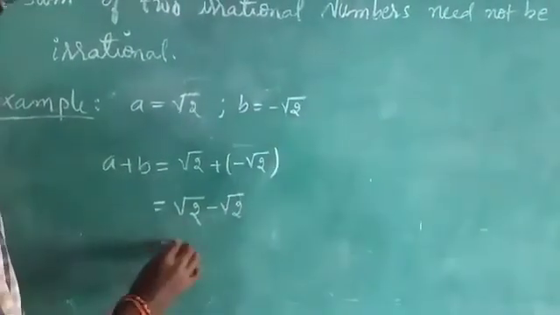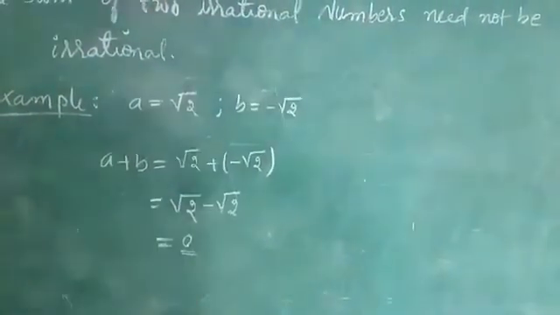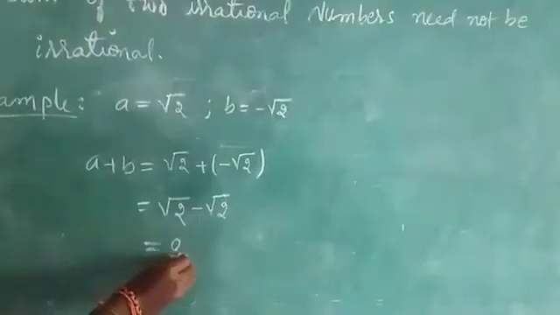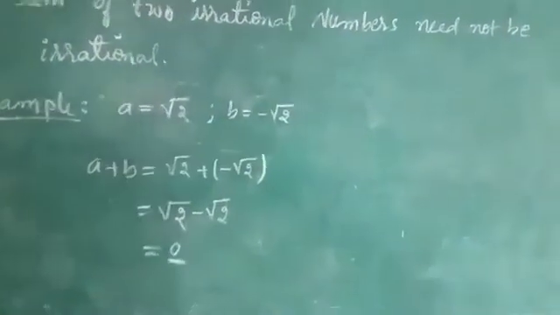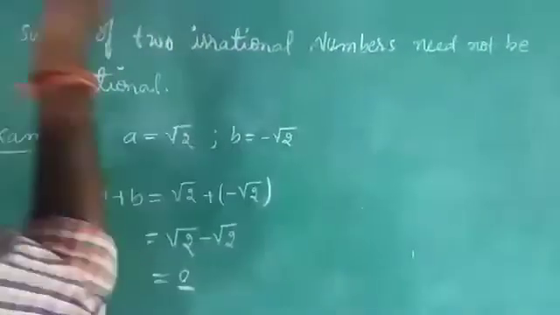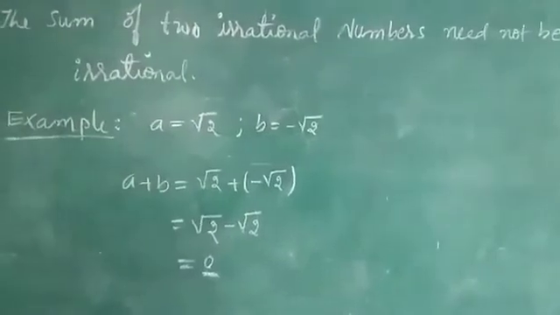Root 2 minus root 2 is 0. 0 is a rational number, not an irrational number. So you can tell that the sum of two irrational numbers need not be an irrational number.